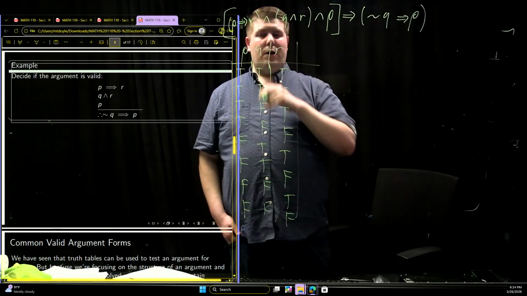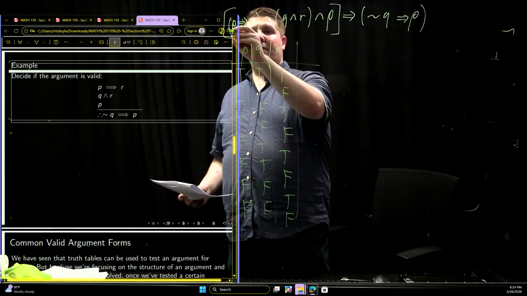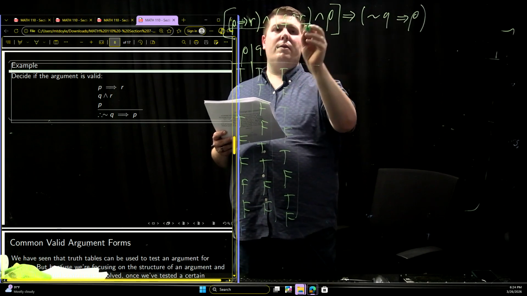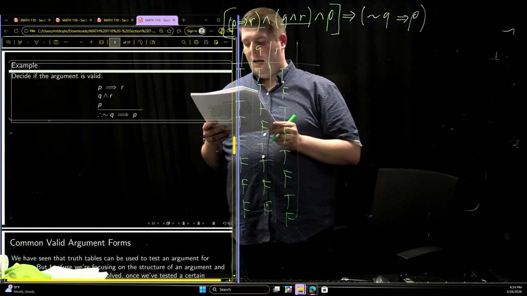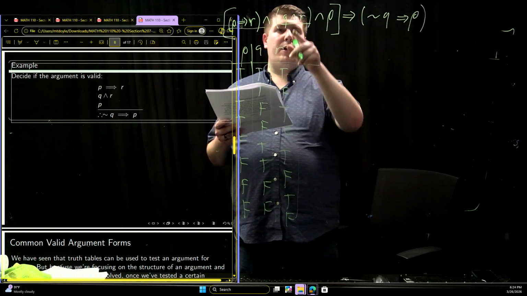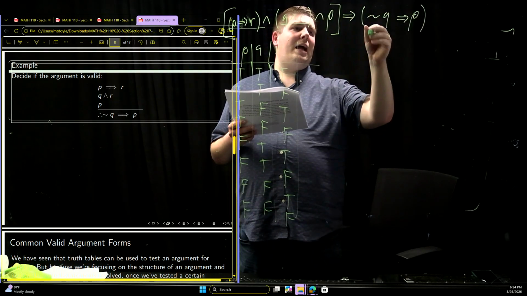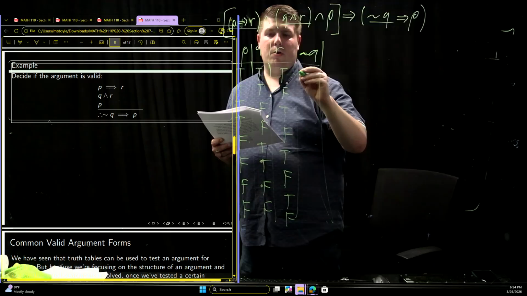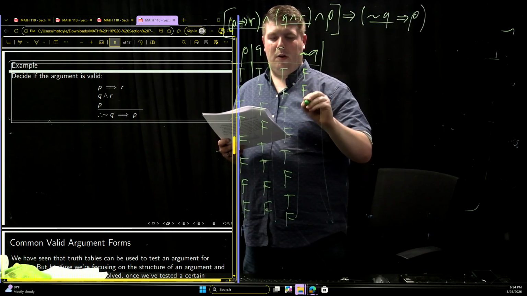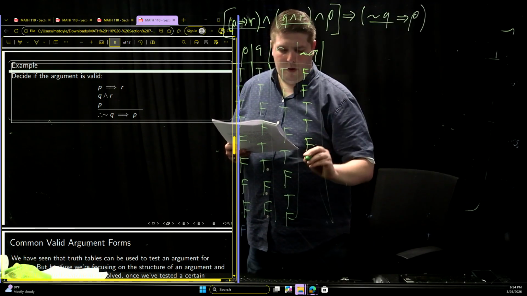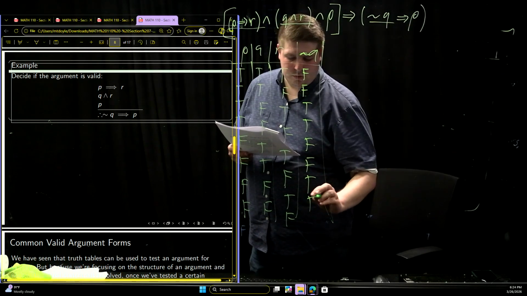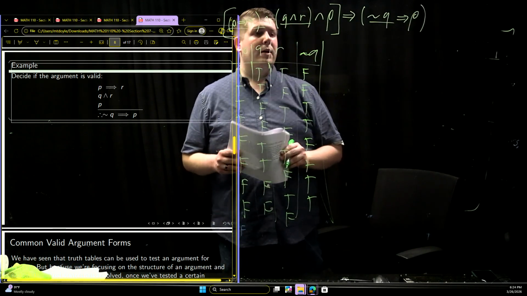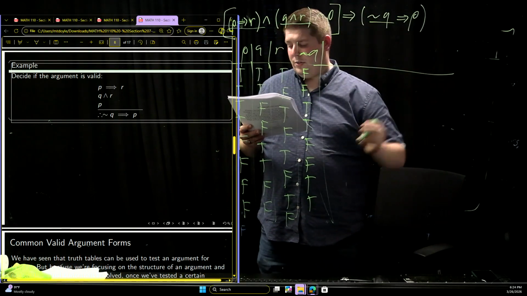Okay, so we have P implies R, Q and not R, Q and R, and then P, and then this not Q. So we'll do a not Q real quick, which is just false, false, true, true, false, false, true, true. 2, 4, 6, 8. Good. We have 8 there.